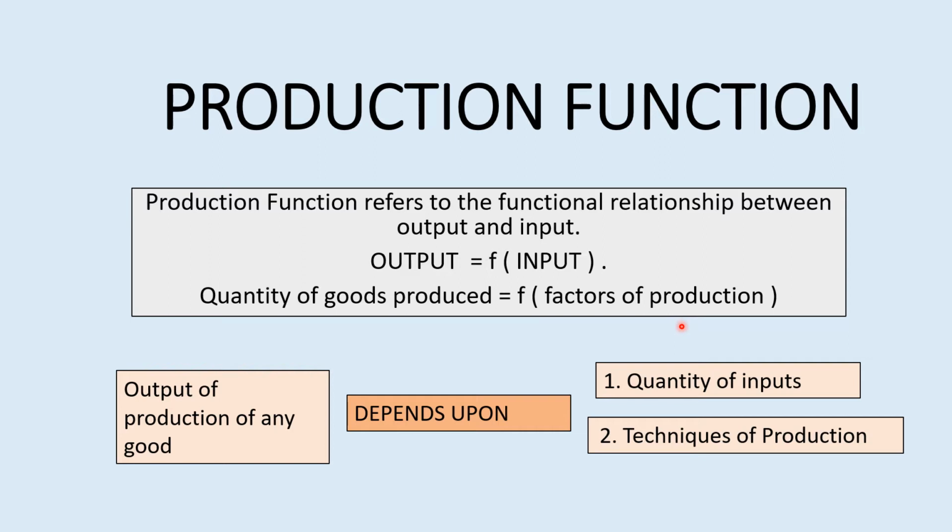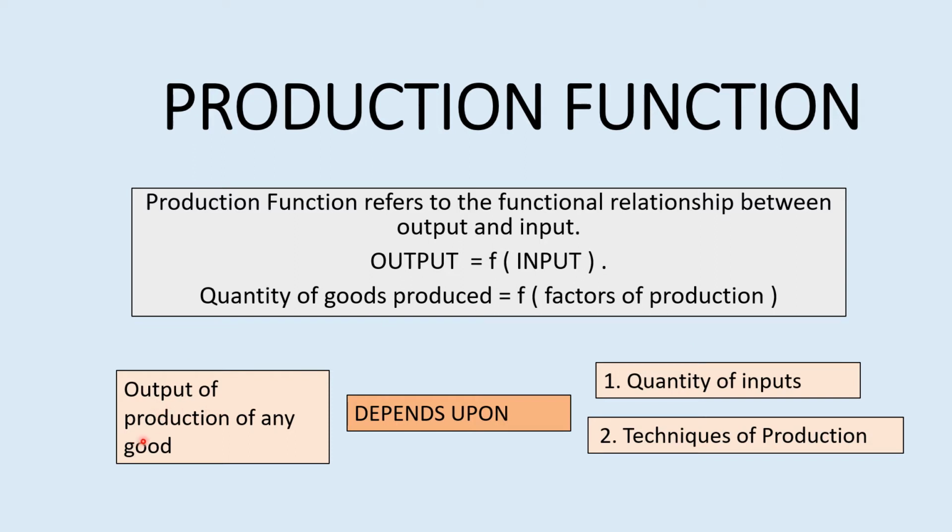How much raw material you are putting into use, how many machines you have for the production function, how much labor have you put in, right? So how many goods will be produced is directly proportional to, depends on, and is a function of all the factors of production. This is what we mean by the production function.